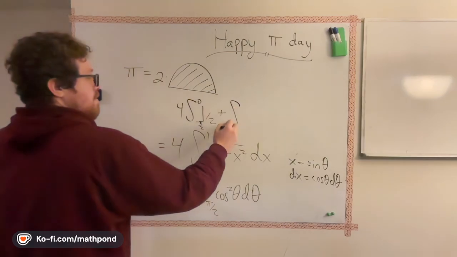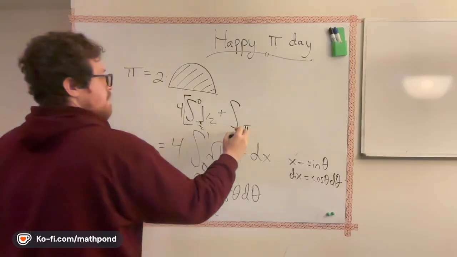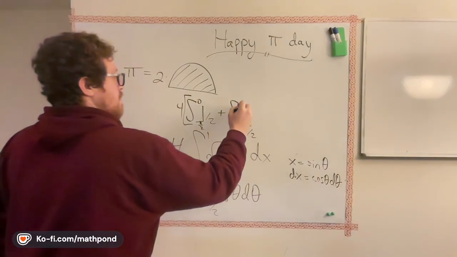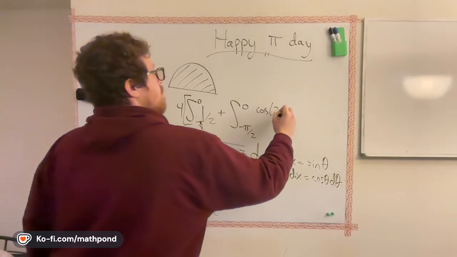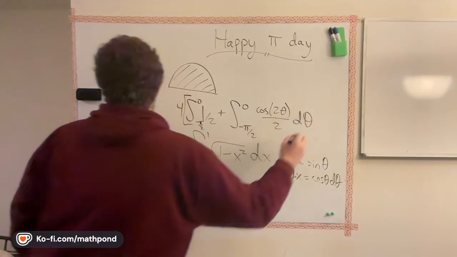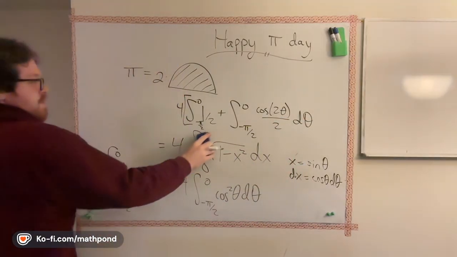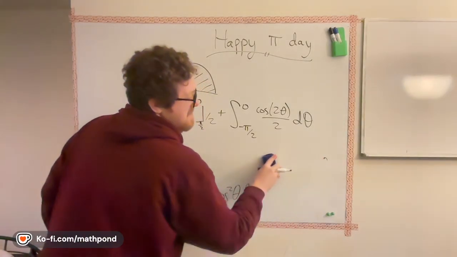Plus an integral from -pi/2 of cosine of 2 theta over 2 d theta. Hopefully we get the right answer.